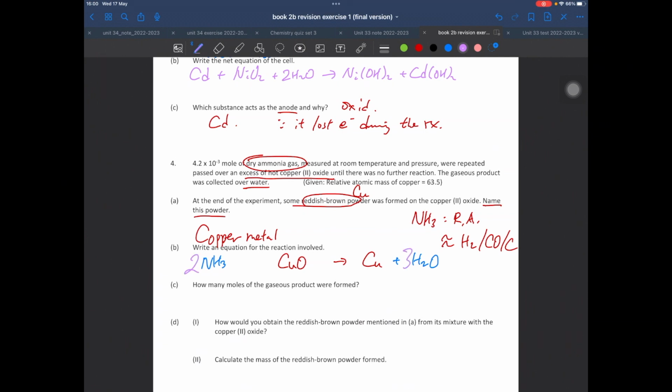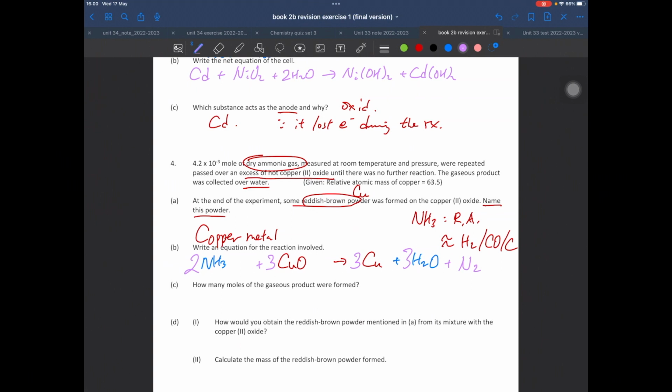With this idea, we need 3 oxygen, and it comes from copper(II) oxide. And don't forget, we got 3 copper metal formed. It sounds good, right? 2 ammonia molecules can extract 3 copper metal. And don't forget the nitrogen. So where the nitrogen is gone, it appears as N2.